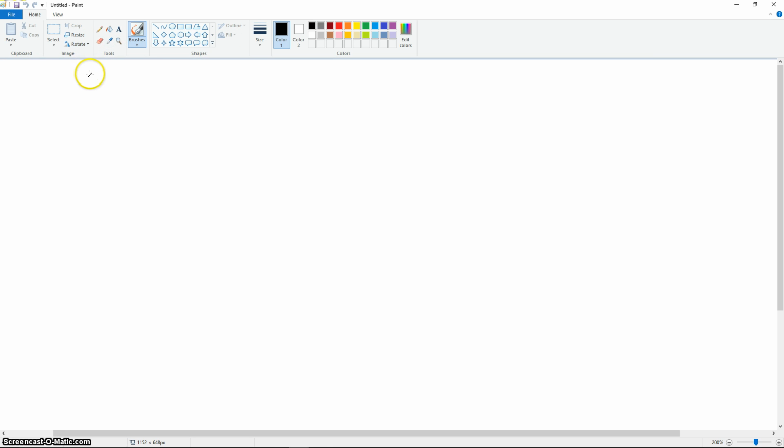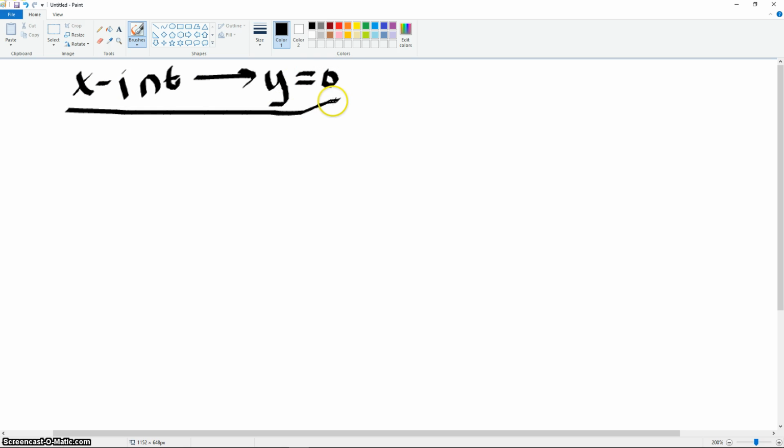x-intercepts first, and what do we know is true at the x-intercept? I always like to jot that down. We know that y is equal to 0 at the x-intercept. Alright, so here we go. We're going to start off with our equation first. Y is equal to x cubed minus 4x.